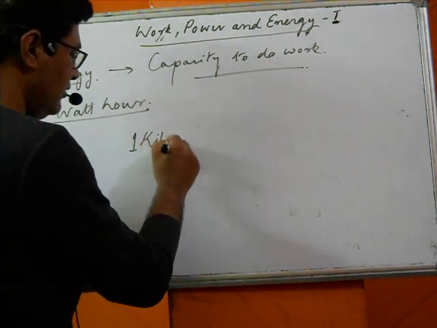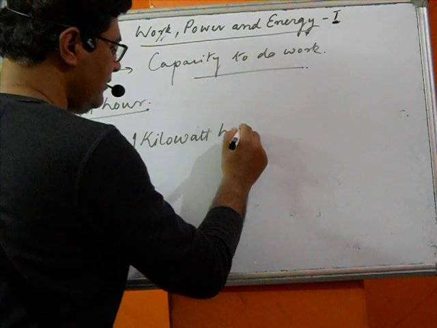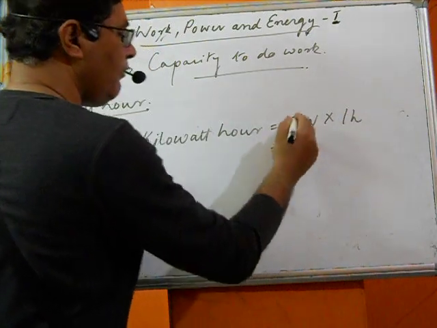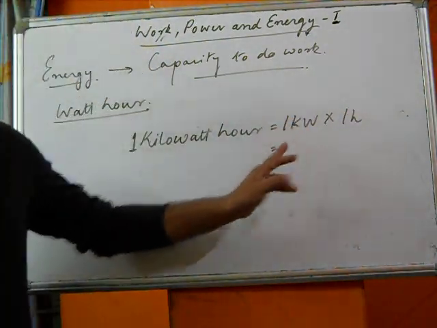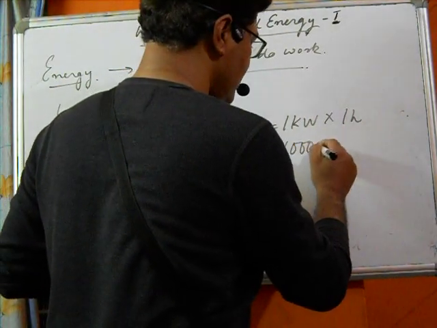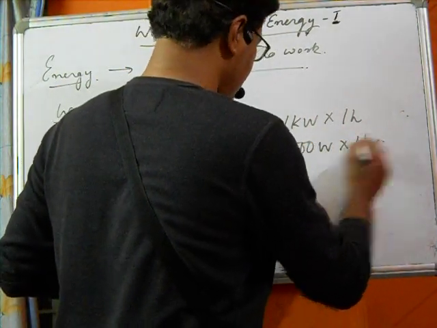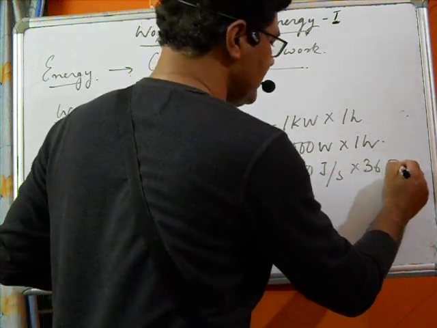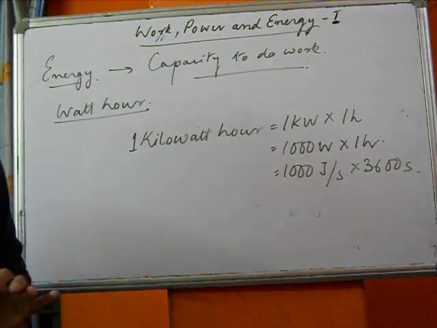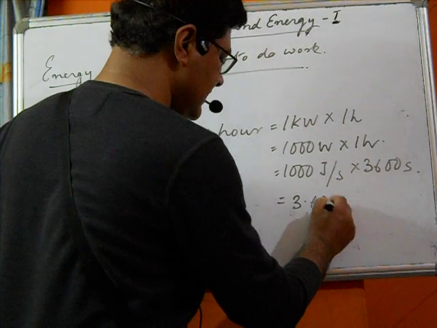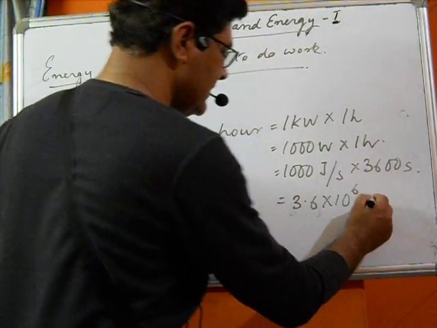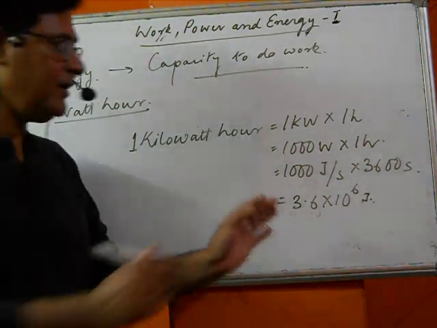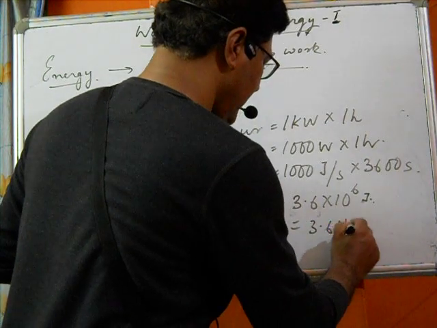That is 1 kilowatt into 1 hour. 1 kilowatt means how much watt? 1000 watt into 1 hour, that means 1000 joule per second into 3600 seconds. So we get 3.6 into 10 to the power 6 joule, that means 3.6 megajoule.